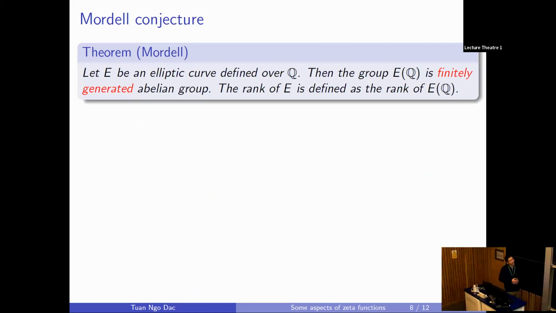So the next topic related to the zeta function of elliptic curves over Q is the Mordell conjecture. Let E be an elliptic curve defined over Q. Then we have seen that the set E(Q) is a group. This group is finitely generated, an abelian group, and the rank of E is defined to be the rank of E(Q).